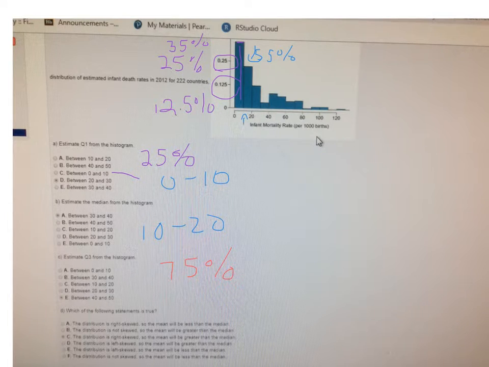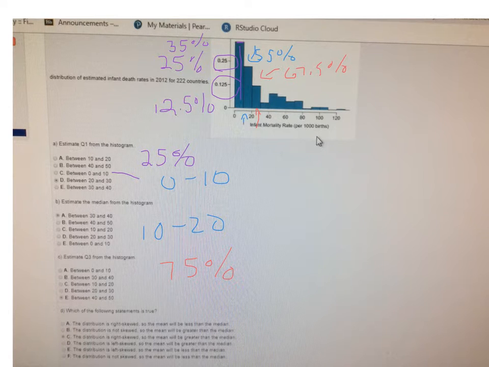So I would say that we are approximately at about 67.5% by the end of the third interval, which is between 20 and 30. And then we have a little bit more in the next interval.